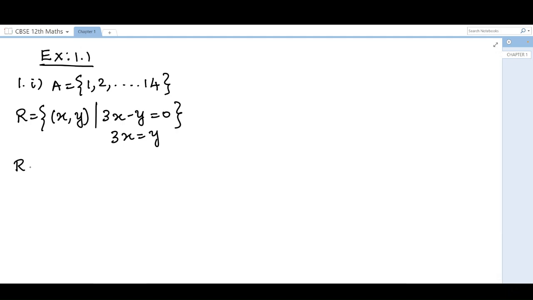So now let us write the elements in this relation R: (1, 3), (2, 6), (3, 9) and (4, 12). So only these four ordered pairs will be there in the set R since they satisfy the condition 3x equal to y. We can now verify the three properties, reflexive, symmetric and transitive, based on this relation.